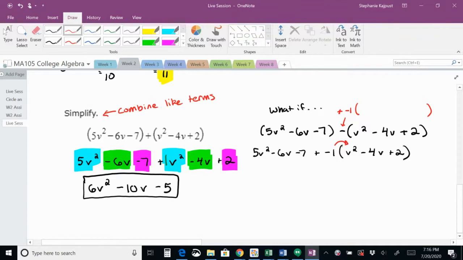Everything inside has to be multiplied by that negative 1. So I have a negative 1 times a v squared. And then I have a negative 1 times a negative 4v. The negative 1 times negative 4 is a positive 4, and we have our v. And then I have my negative 1 times 2, which is negative 2. Everything else I didn't touch, so I can just rewrite that.